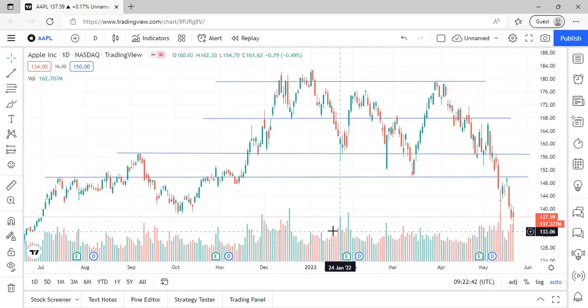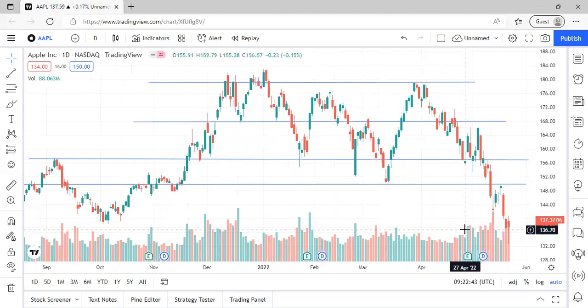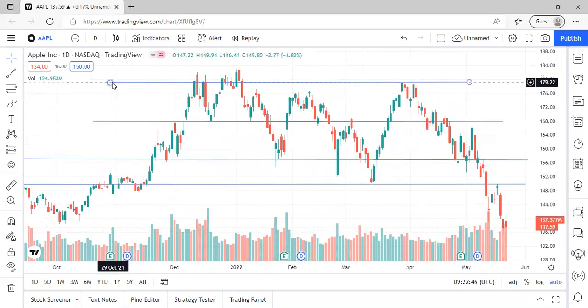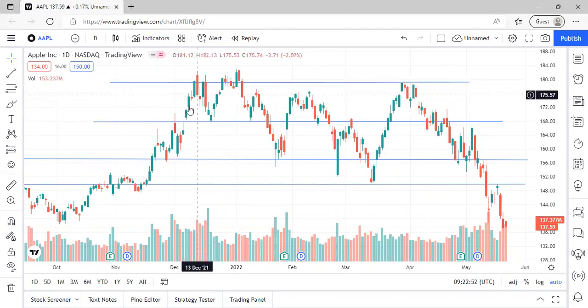Now I will talk about how we can interpret the chart. Basically, breaking out of the resistance line will mean an uptrend, which is seen over here. But as you can see, they are trying to breach the resistance line, but unfortunately on the second day, which is the 13th of December, it starts to break down until this particular support. Resistance can be support also.